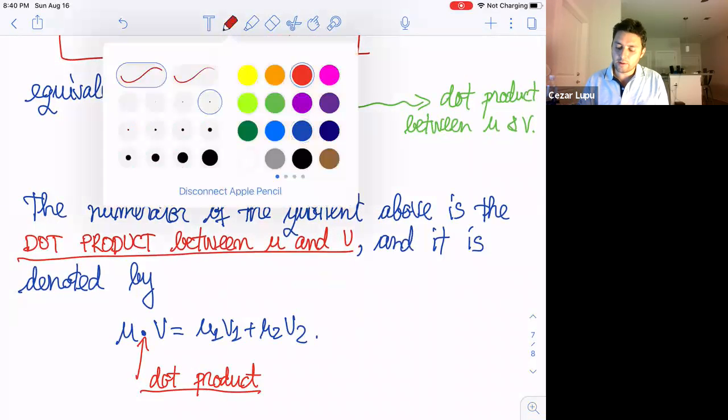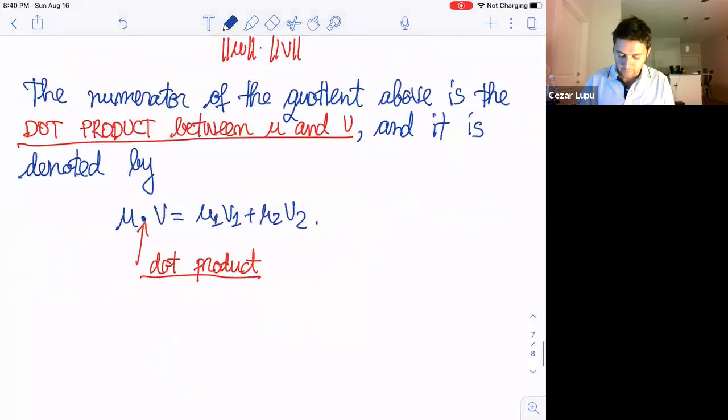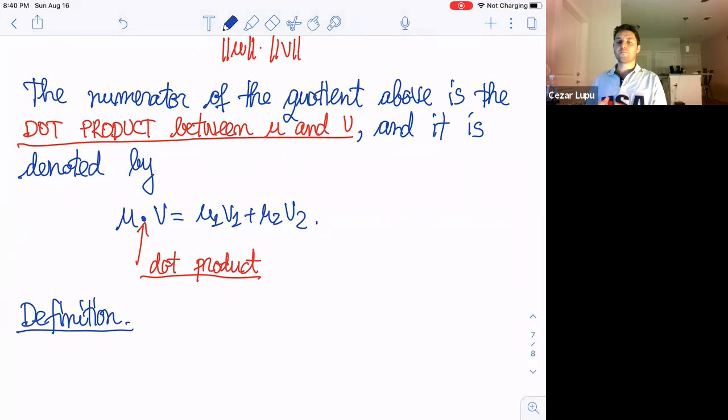Okay, now as we have seen previously, we can generalize this scenario from R2 to Rn. And we'll have the following definition. We'll define the dot product in Rn.